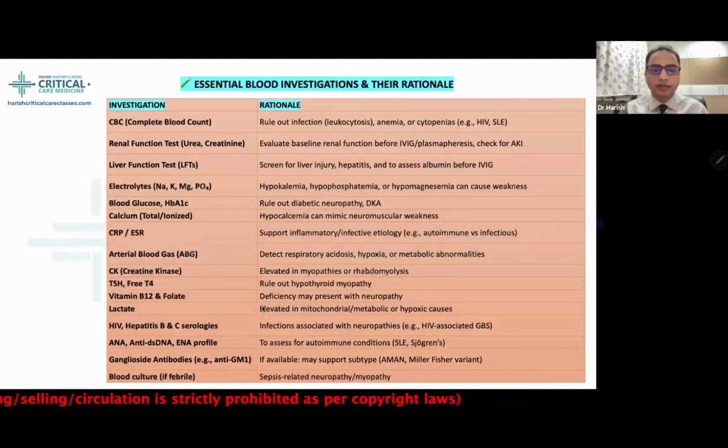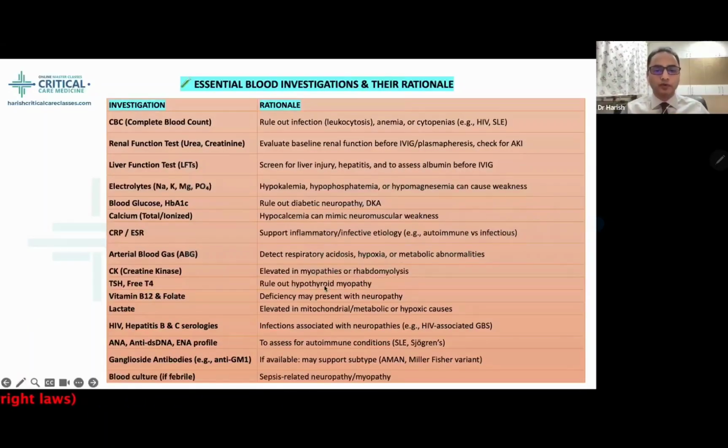Creatine kinase is elevated in myopathies or rhabdomyolysis. These are some of the differential diagnoses. TSH, free T4 to rule out hypothyroid-related myopathy, B12, folate. Again, its deficiency may present as any kind of neuropathy. Lactate, rarely, if the patient is having some sort of mitochondrial or metabolic encephalopathy.